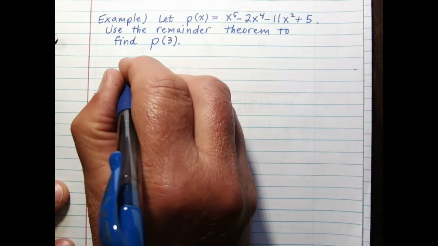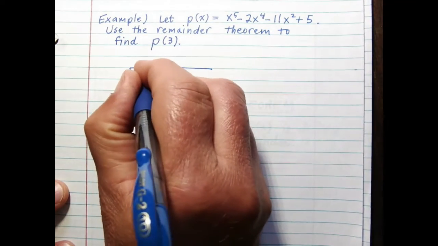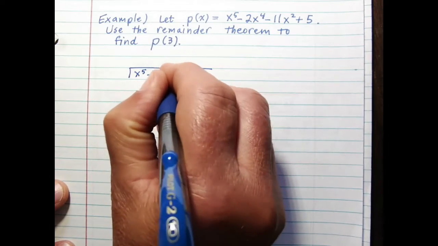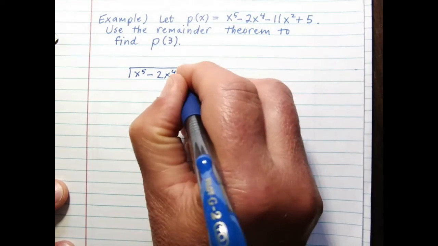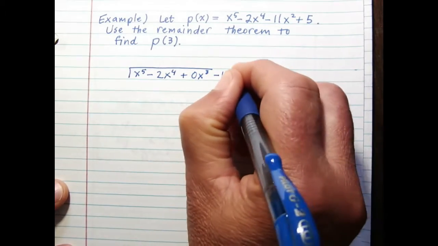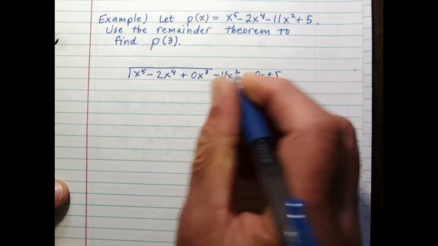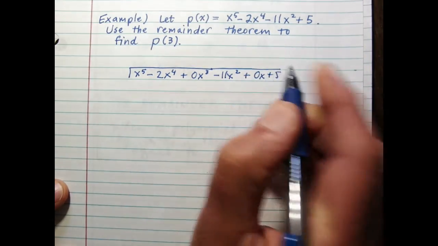So I'm going to set up my long division. I have x to the 5th minus 2x to the 4th. I have to write plus 0x cubed minus 11x squared. I have to write plus 0x plus 5. Ugh, what a mess.